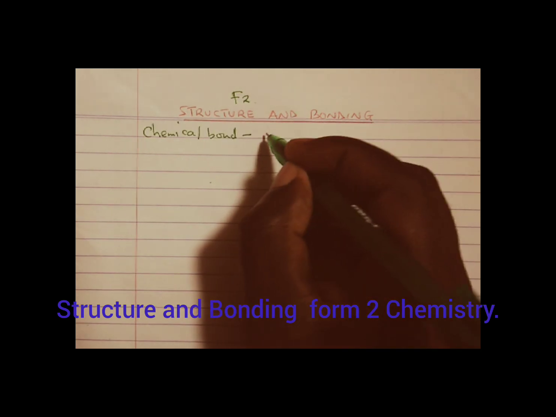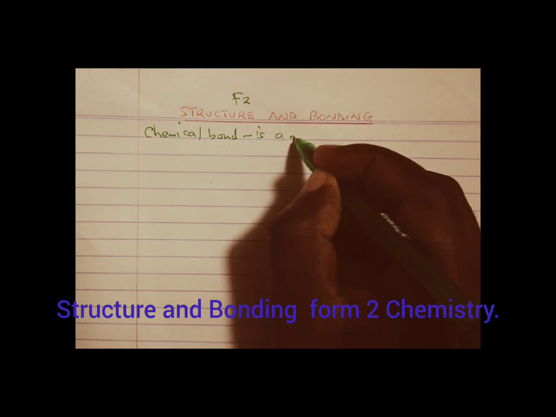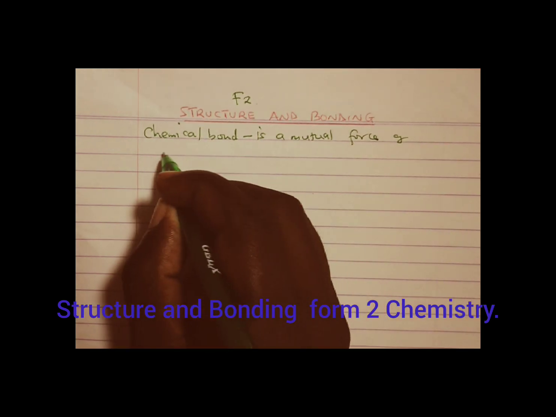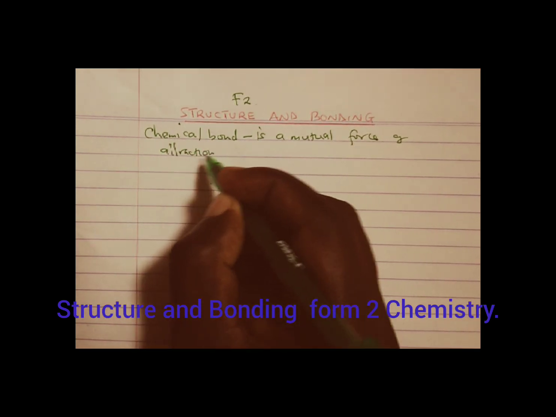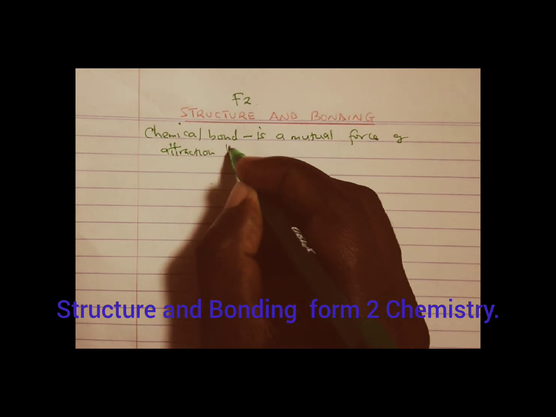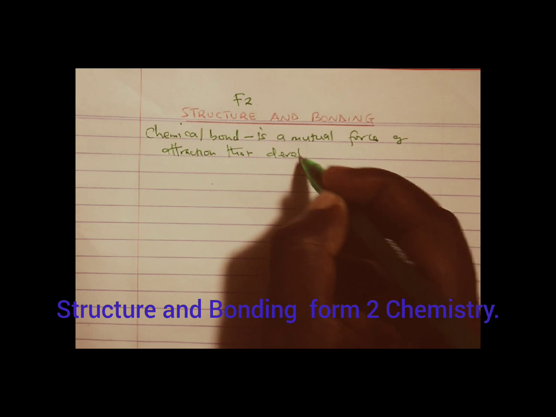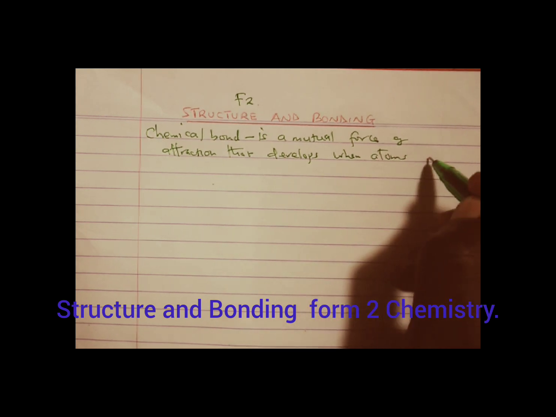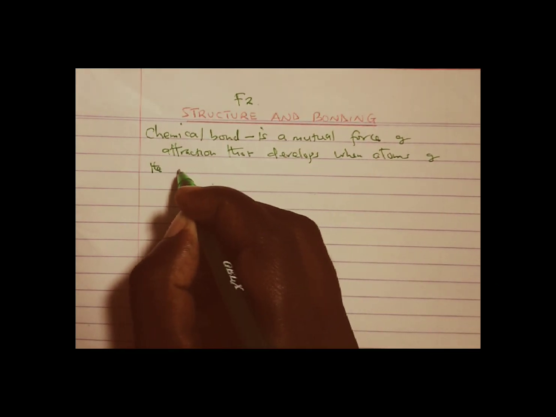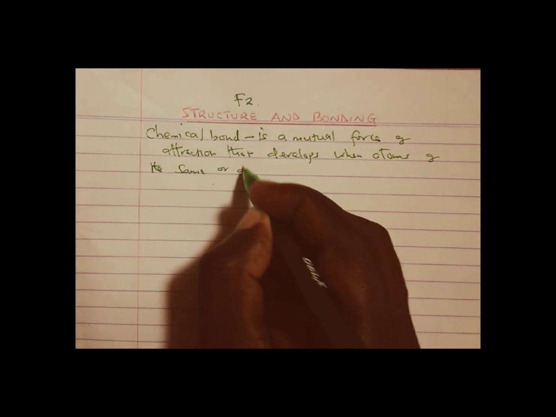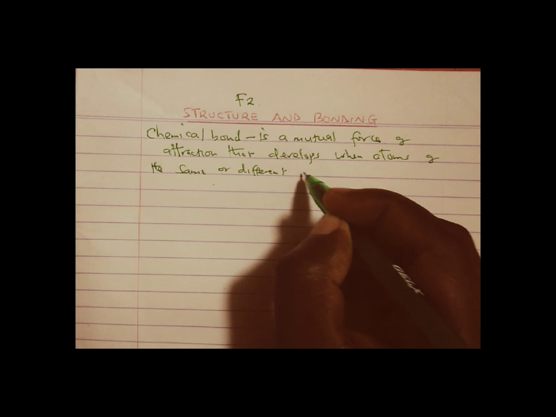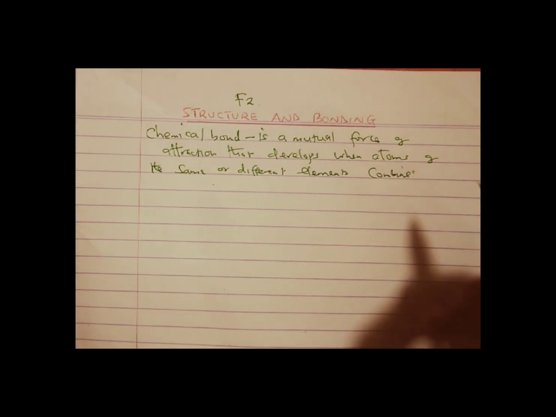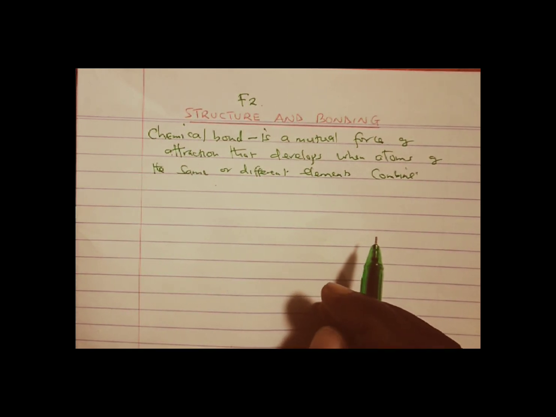A chemical bond is usually a mutual force of attraction that develops when atoms of the same or different elements combine. That is what we call a bond.